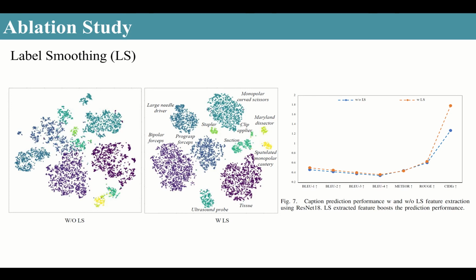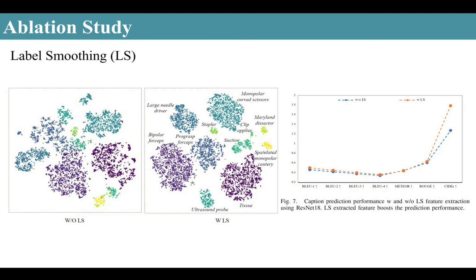We also do the ablation study, which evaluates the importance of label smoothing. The extracted feature of the penultimate layer for ResNet 18 with or without label smoothing is shown in the left figure.